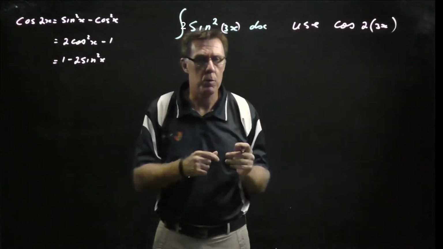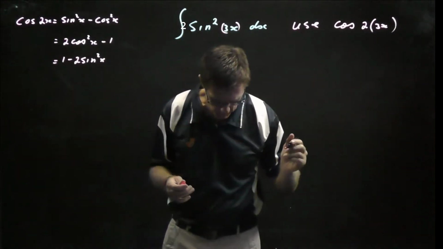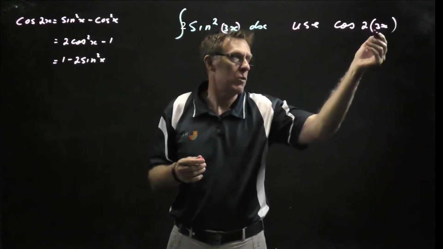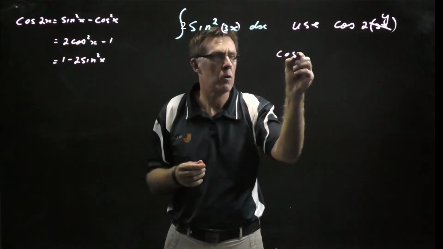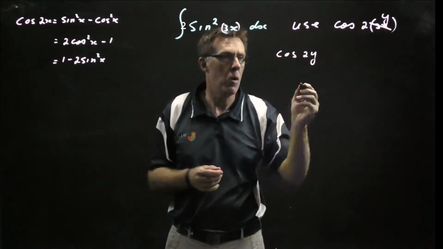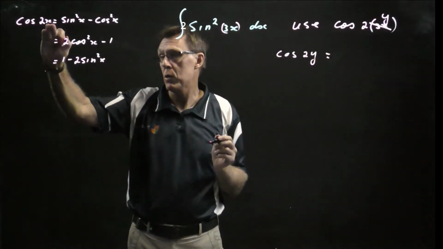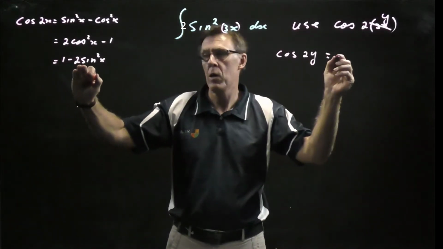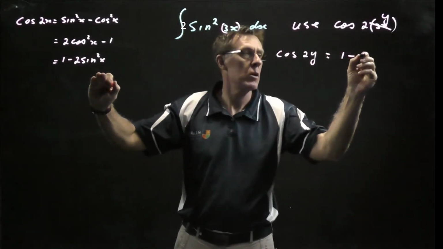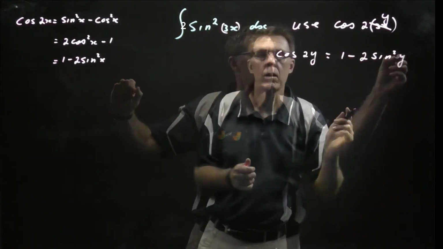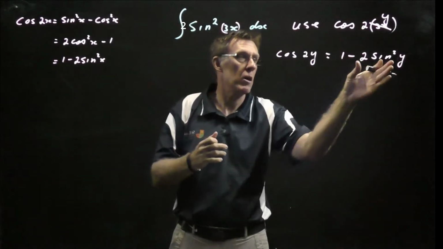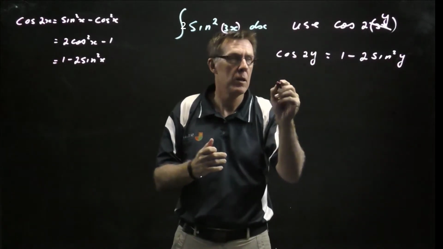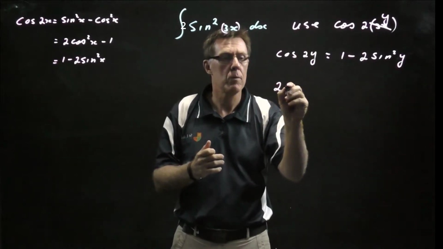So I'm going to work on this particular principle. I'm just going to replace that with y. So I've got cos 2y, according to this, would be equal to 1 minus 2 sine squared y. So I want to take my sine squared out and replace it with the cos. So I'm going to rearrange this to make it read 2 sine squared y equals 1 minus cos 2y.